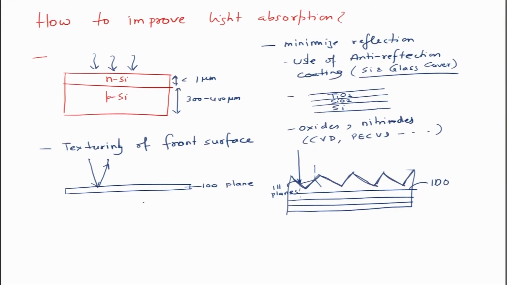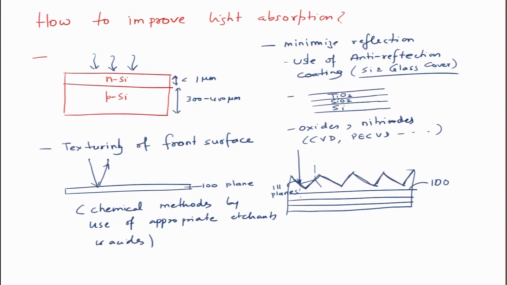So, this surface texturing can be done by chemical methods, by use of appropriate etchants or acids. Okay. This is one strategy that is adopted.